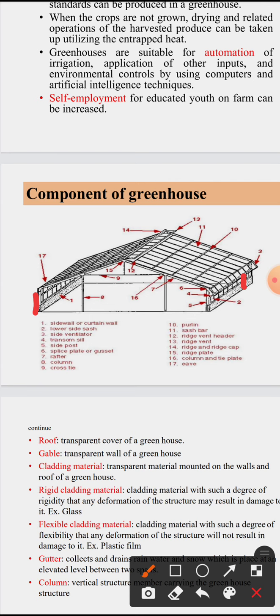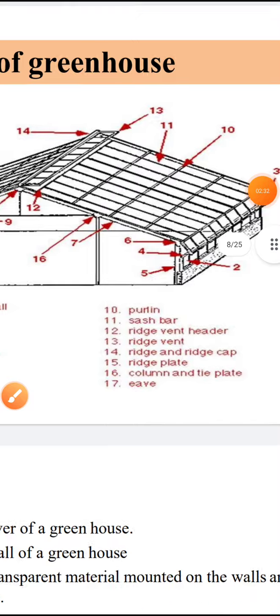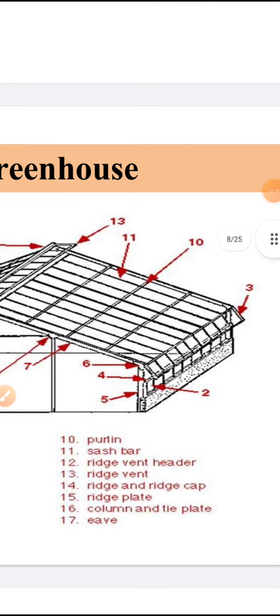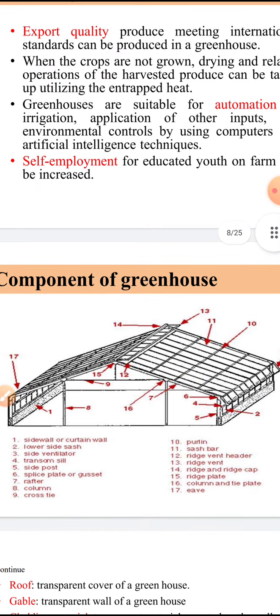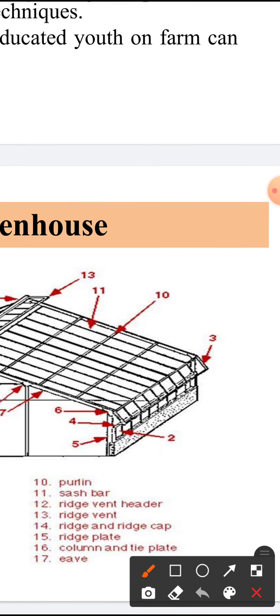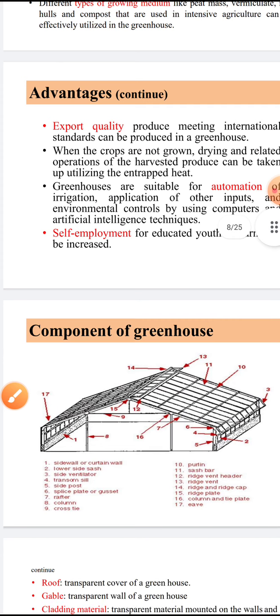Second is a lower side sash. Here you can see the lower side sash. Then third is a side ventilator. These are the side ventilators which can be opened or closed for ventilation.